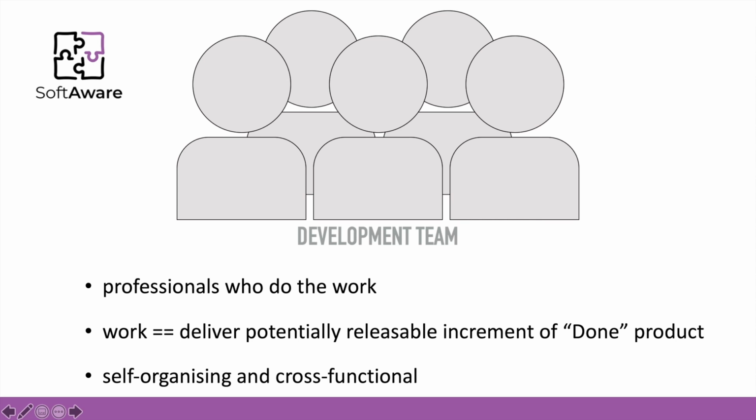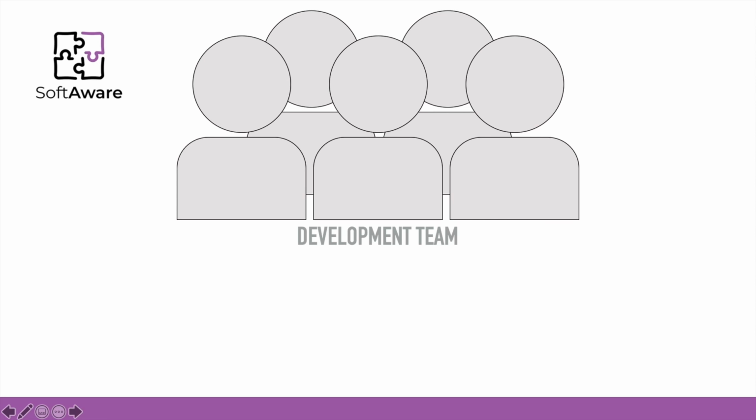The development team is self-organizing and cross-functional. So usually you have designers, testers, developers. Everyone inside of the development team does not have a specific role. So inside of the development team, you have several roles, but everyone is a team member, okay? And they all self-organize, so everyone is committed to achieving the same goal inside of the team.